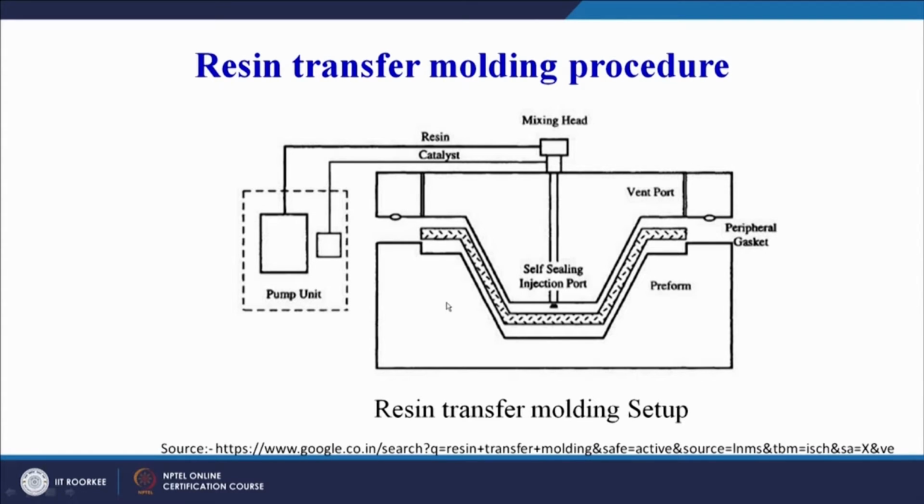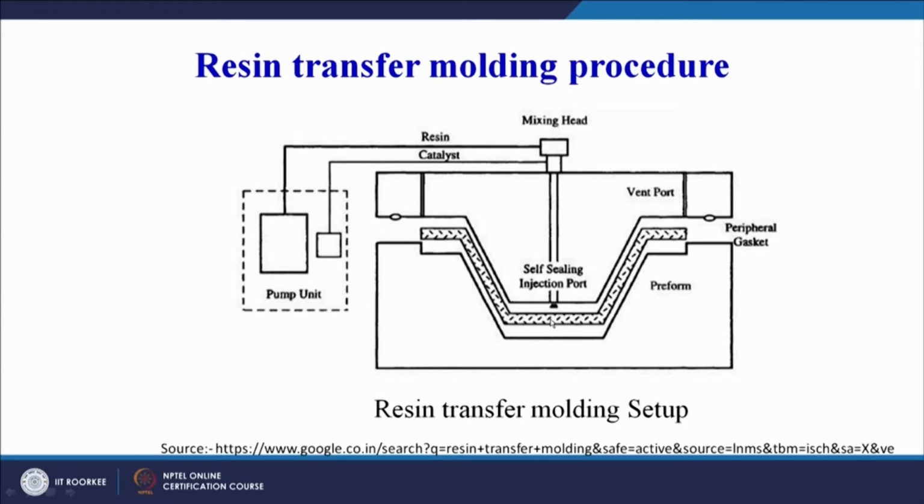So the steps are quite simple. We have already placed our reinforcement, which is in the form of a fiber mat at the bottom half of the mold. Then the mold will close, the air will move out of these vent ports, and finally we will supply a mixture of resin and catalyst from the mixing head into the mold cavity.